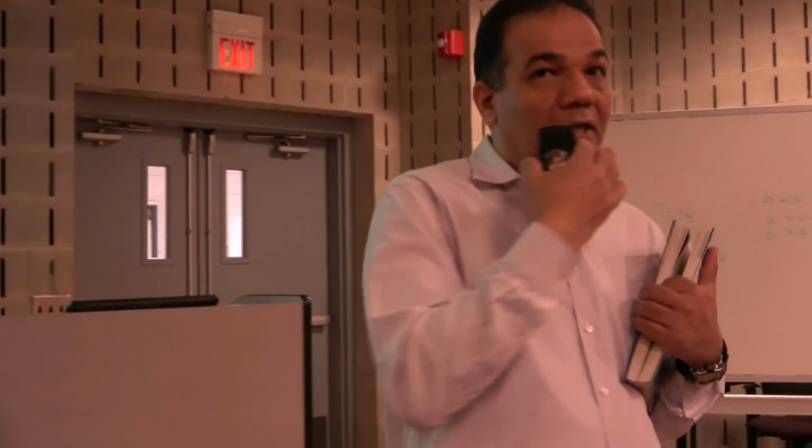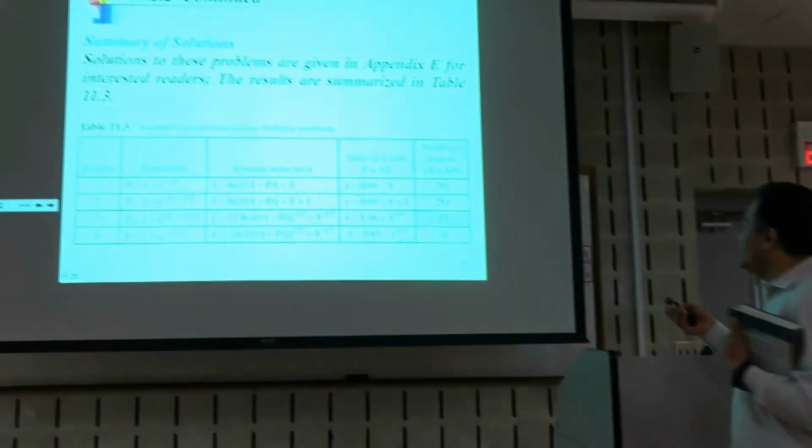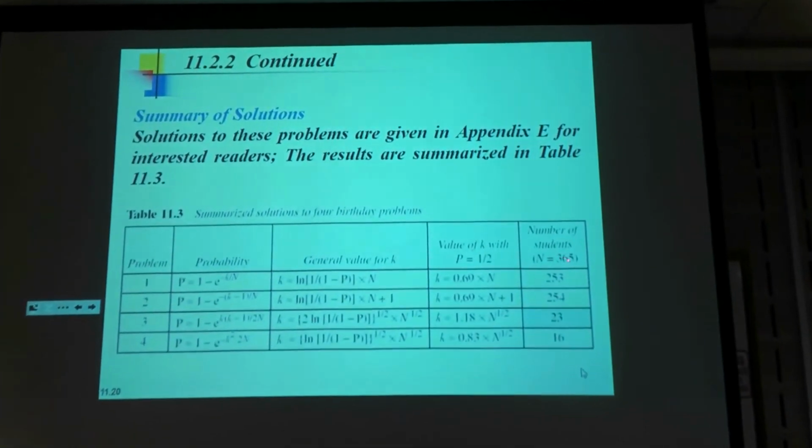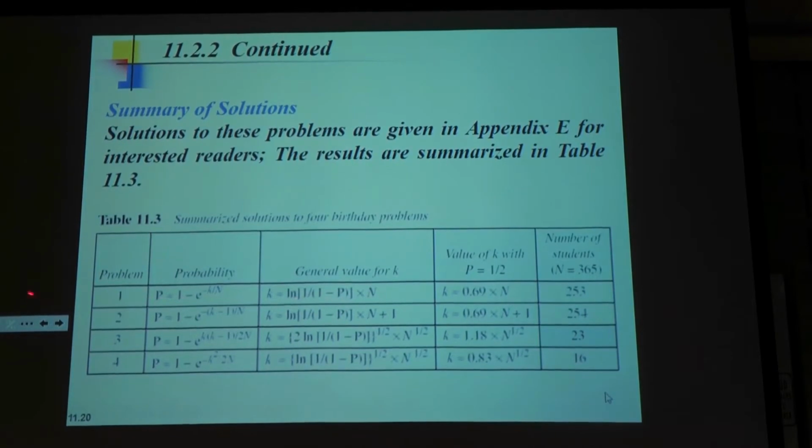All right. From here, to have more chance for K, N has to be big. So in here we have 16 students, right? If we have like 500 students or 1,000 students, K will be higher. So let's say the number of students is 365. What is the chance for the first problem?